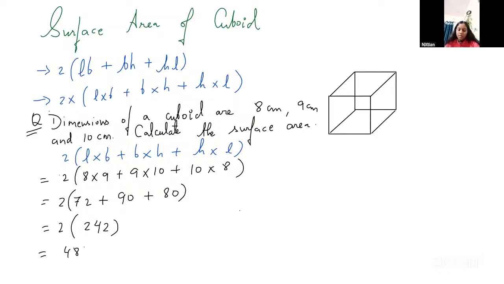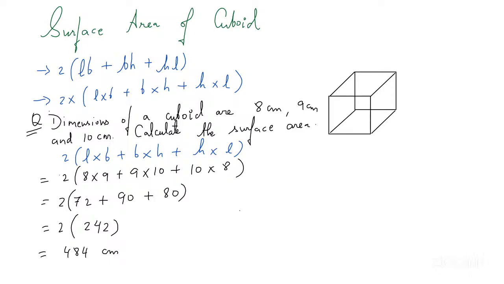484. Now, centimeter cube. Oh, sorry, centimeter square. In volume we put centimeter cube. Surface area we will put centimeter square.